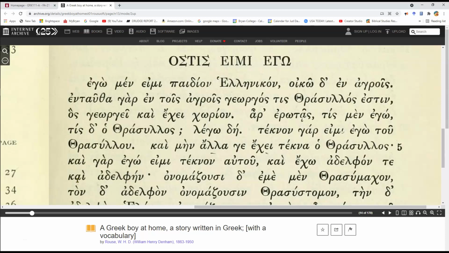George Washington was a farmer. I am a little Greek boy. On the one hand, I'm a little Greek boy. A little bitty Greek boy, that's a diminutive. But on the other hand, I live in the fields. For there in the fields is a certain farmer, Thrasylos.